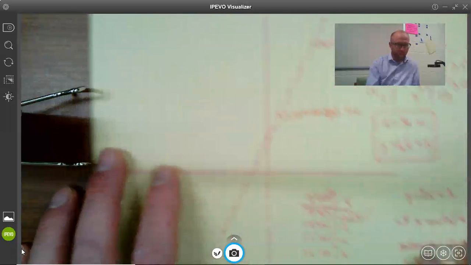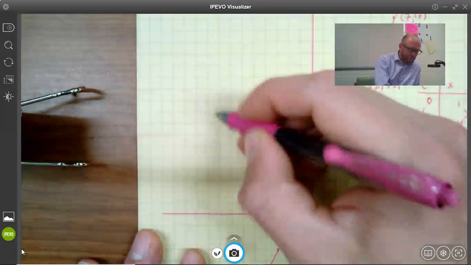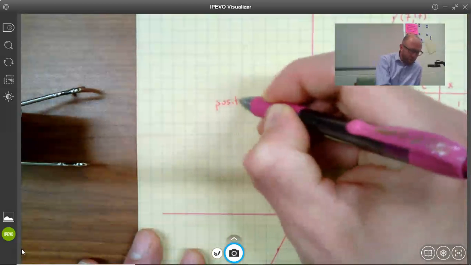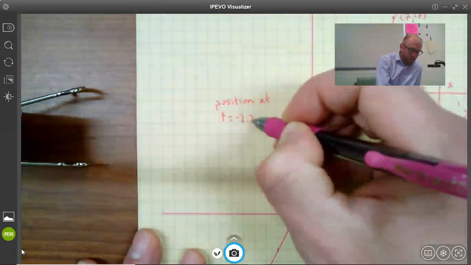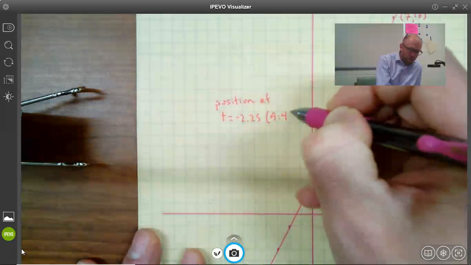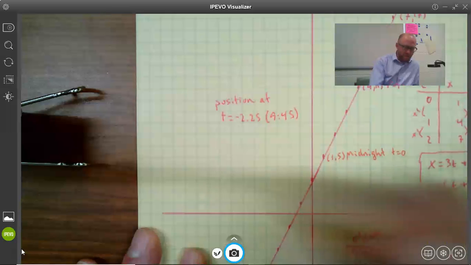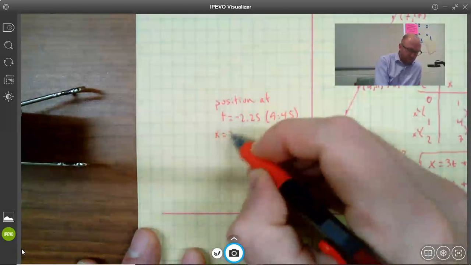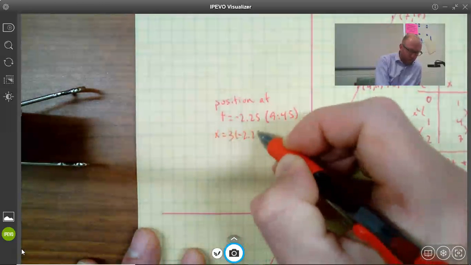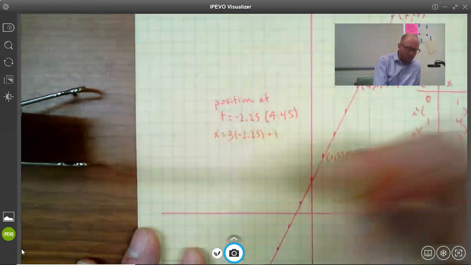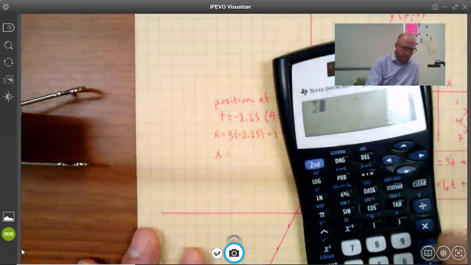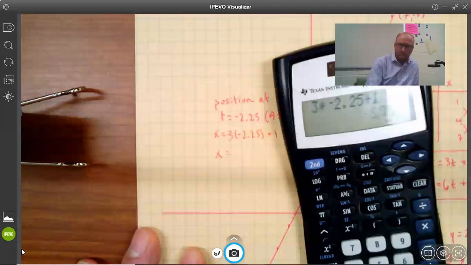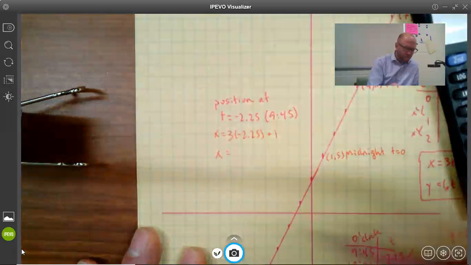Then we plug that into our 2 equations. Position at t equals negative 2.25, or 9:45. X is 3 times negative 2.25 plus 1, and punching that into the calculator gives negative 5.75.